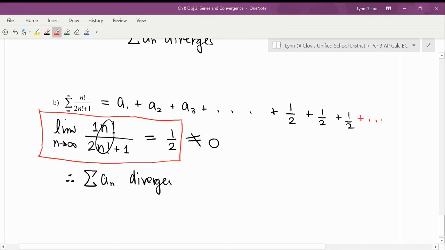Meaning the end numbers are going to be 1/2, so it's approaching 1/2 at the tail end terms. So whatever this adds up to, what am I going to keep adding at the end? When I head to infinity, I'm going to keep adding 1/2. And if I keep adding 1/2, what's going to happen? Those numbers are going to go to infinity, which means the sum of that series is going to diverge. And that's it.